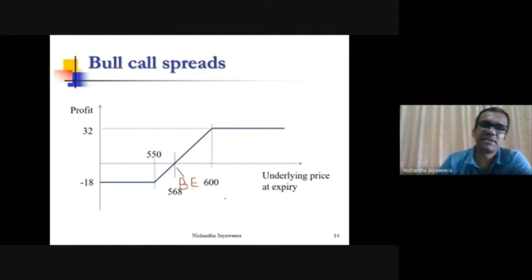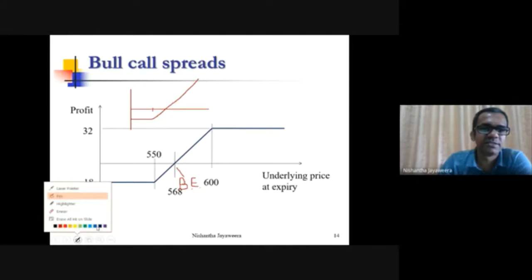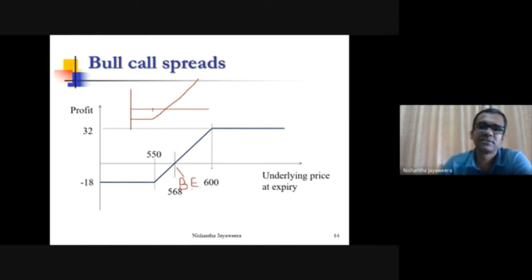So basically this diagram is a combination of two diagrams. As an option buyer, you would see something like this. This is 550, correct? As option buyer. Then as option seller at 600, what do you get? You get a premium up to this 600, then you lose.